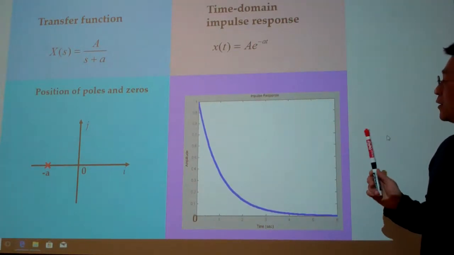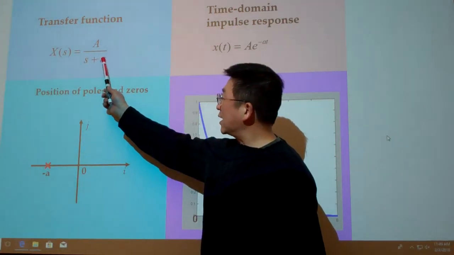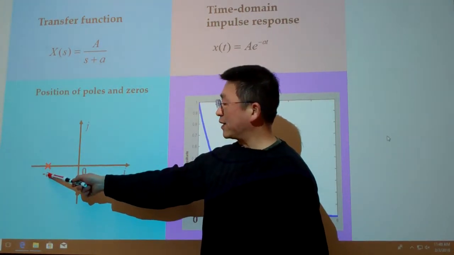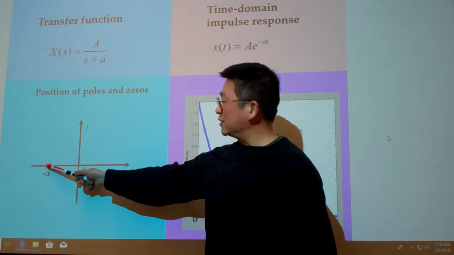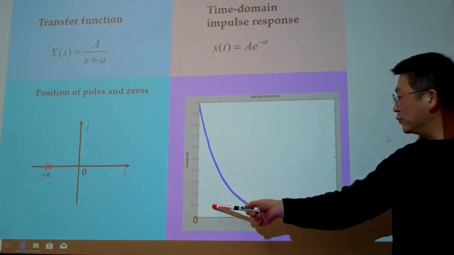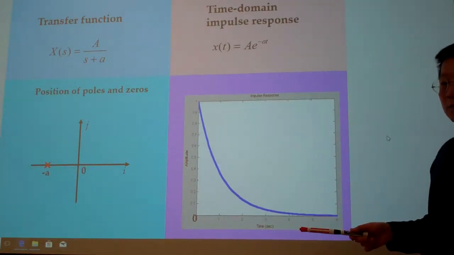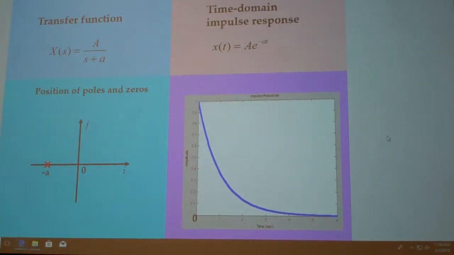Keeping in mind the value of a, you can see that for this case the pole is located at minus a. If the location of this pole is farther on the left hand side, then the response will be quicker.